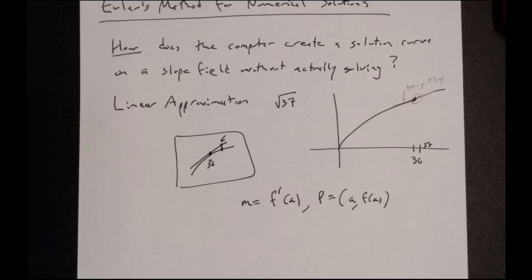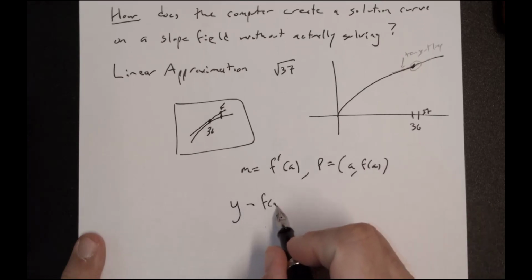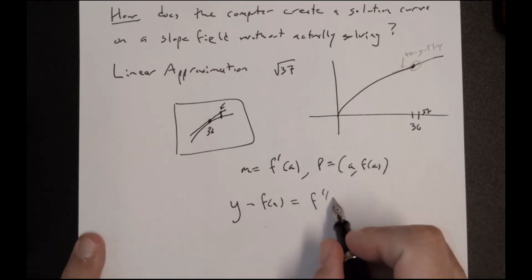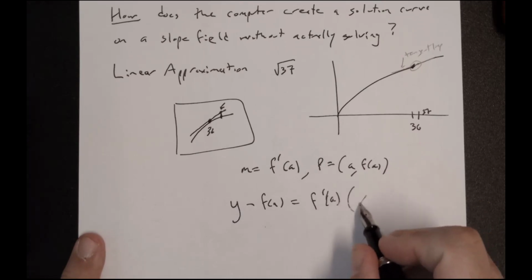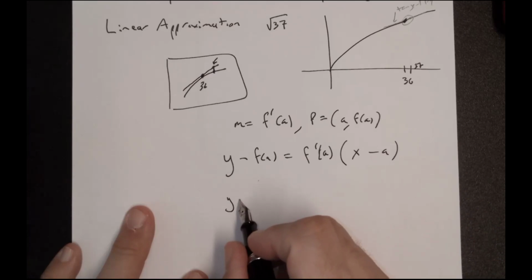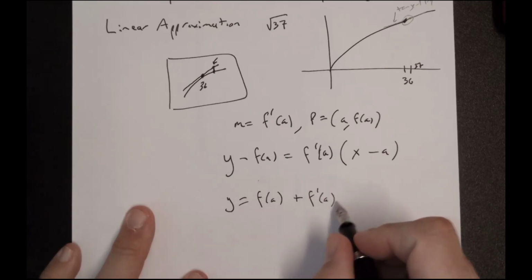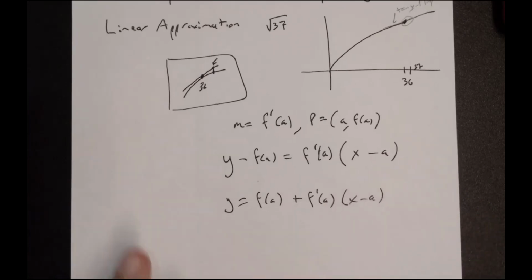I know algebra was a long time ago. Point slope form is what? y minus f of a equals m times x minus a. And if I move this over, I have y is f of a plus f prime of a times x minus a.